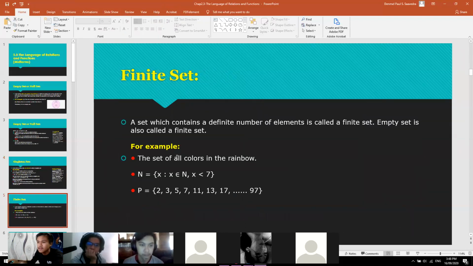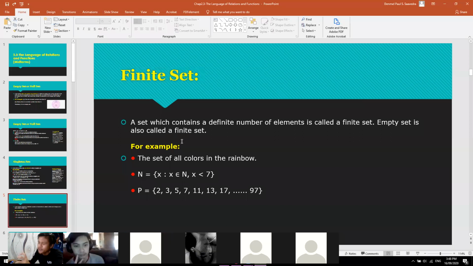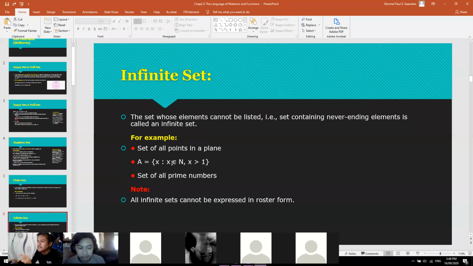Next one is finite set. So when we say finite, to make it short, countable. You can count it, like literally 1 to 1 million. It has a limit. So I hope this is very clear. I think there's no need to explain this. As long as you can count what is inside the set, it is finite. Next one is infinite set.